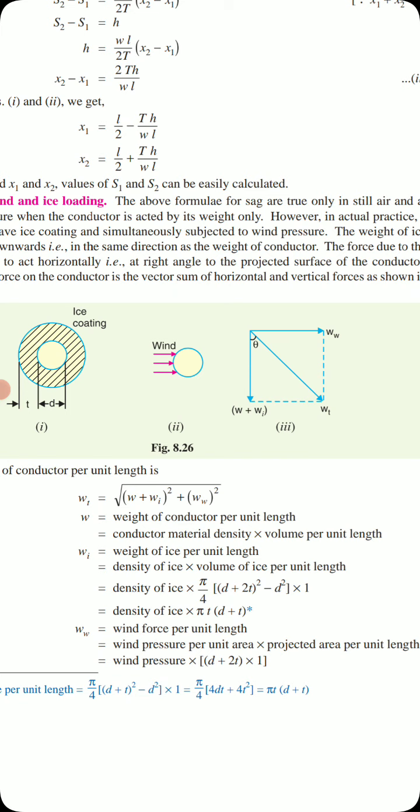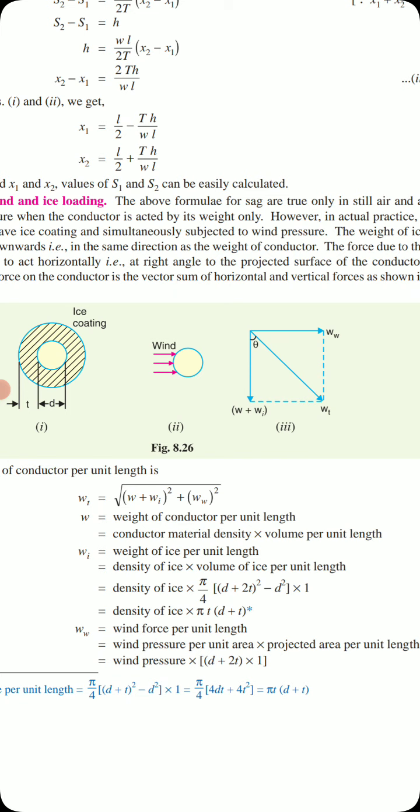At the same time you can see the conductor has some weight which acts downwards. At the same time a wind from the environment gives pressure on the conductor, so that force is acting on the conductor horizontally.